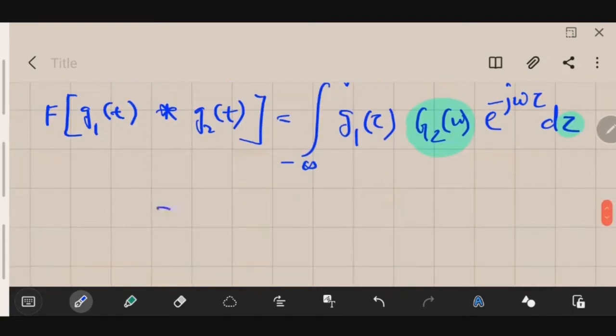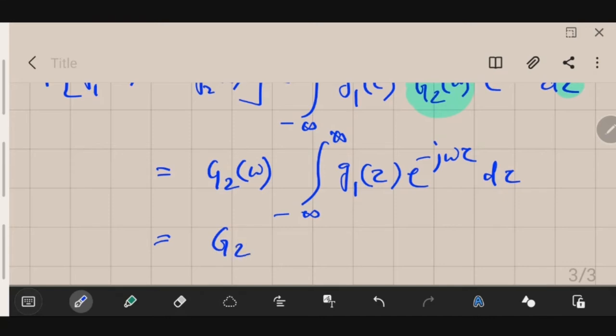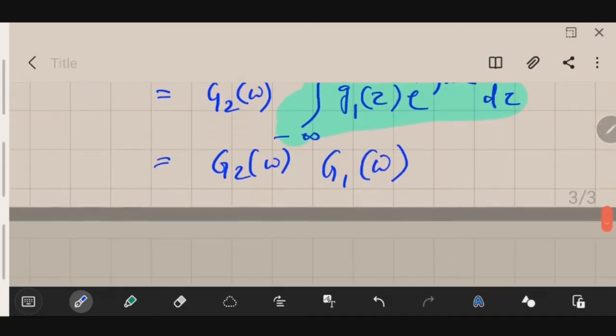So I can write it like this: g2 of omega times the integral from minus infinity to infinity of g1 of tau into e to the power minus j omega tau d tau. Look at this integral. Does it look familiar? This particular integral is your g1 of omega. That means this property is proved, isn't it?